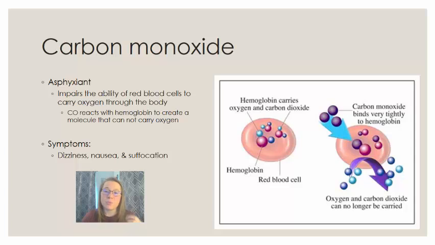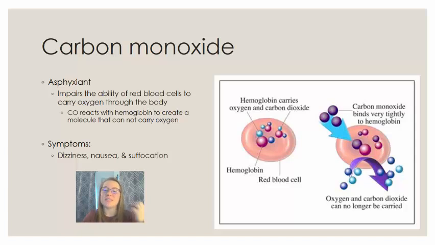Carbon monoxide is one of those pollutants from combustion, and carbon monoxide is an asphyxiant. So an asphyxiant basically suffocates somebody, meaning that it reduces your body's ability to carry oxygen throughout the body. Remember, your cells require oxygen in order to do cellular respiration and turn that food into actual usable cellular energy.